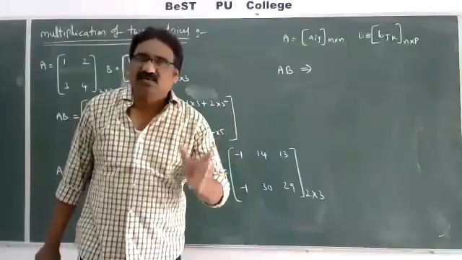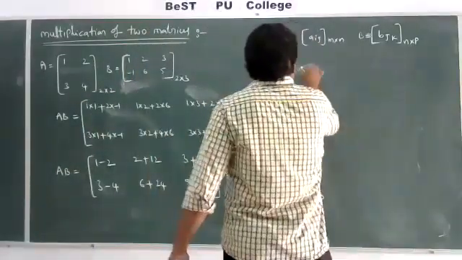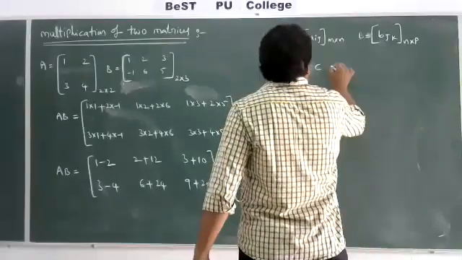This process goes on. Then you get the matrix C. AB is equal to C.